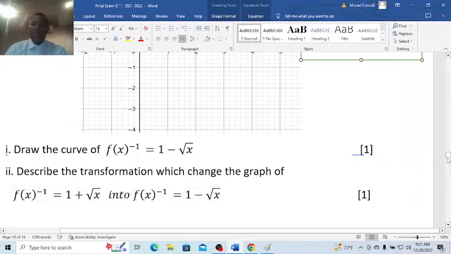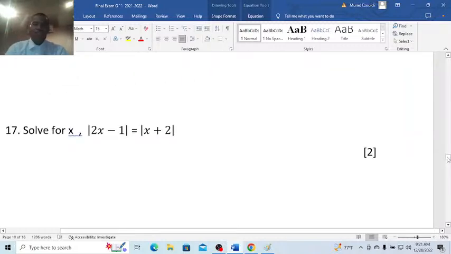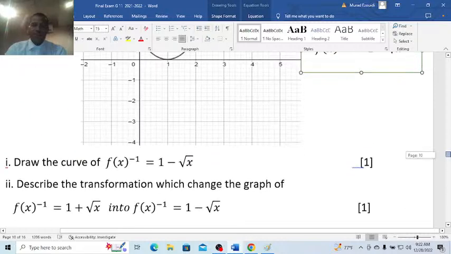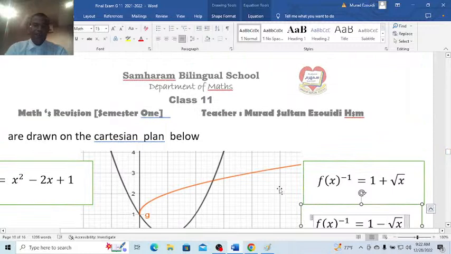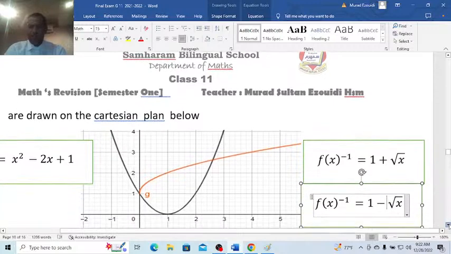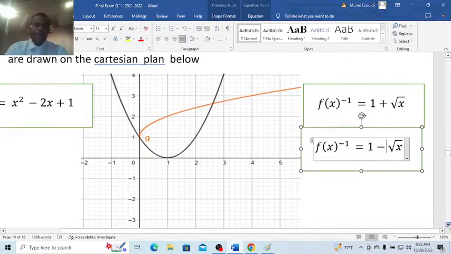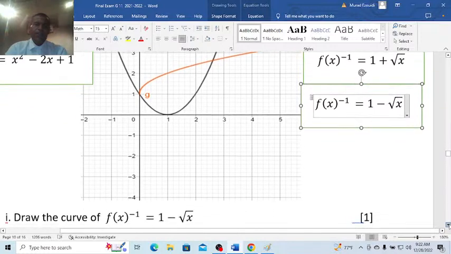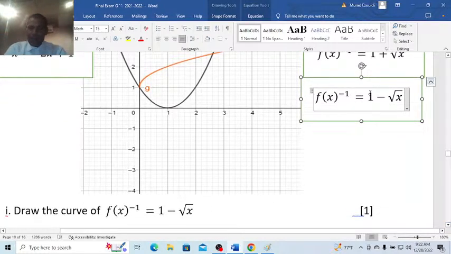This one is a reflection in the line y equal to 1. Now if we are going to see the next part, learners, I will just write it here.